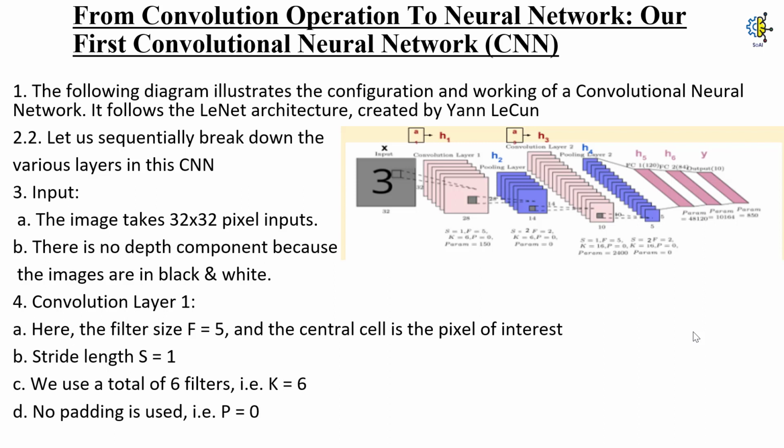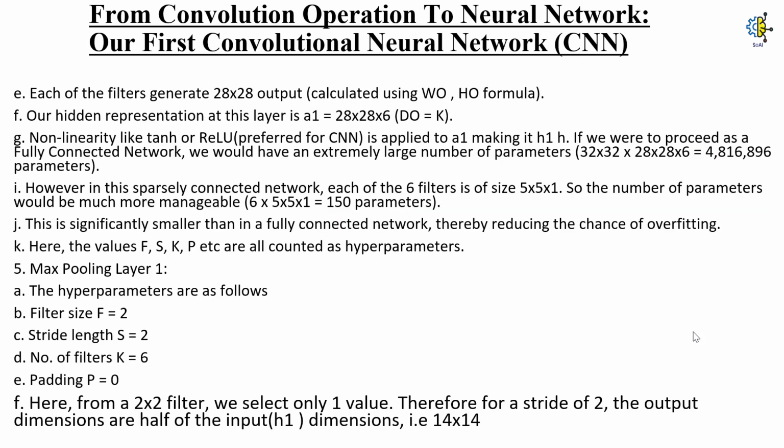Convolution layer 1. Here, the filter size F is 5 and the central cell is the pixel of interest. Stride length S is 1. We use a total of 6 filters, that is K is equal to 6. No padding is used, that is P is equal to 0. Each of the filters generates a 28 cross 28 output calculated using the Wo and Ho formula.